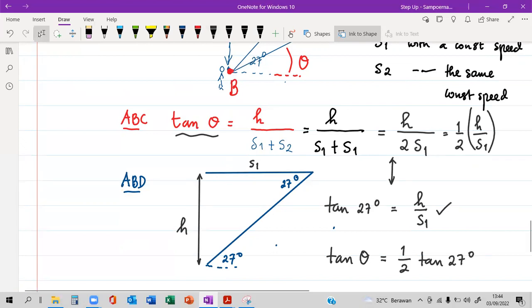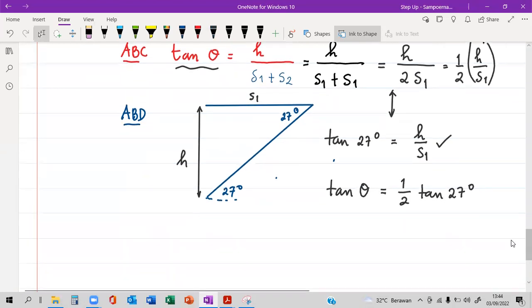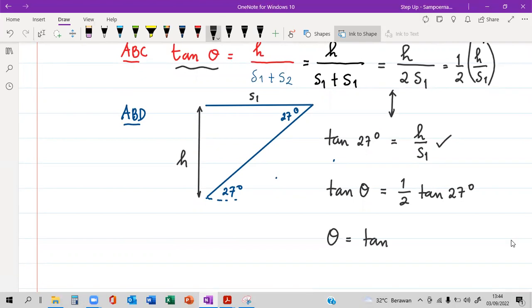Okay, so we are almost there. What we are asked is theta. So theta equals arctangent of a half of tangent 27 degrees.